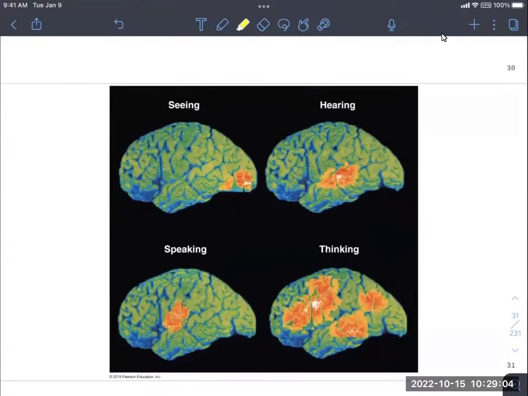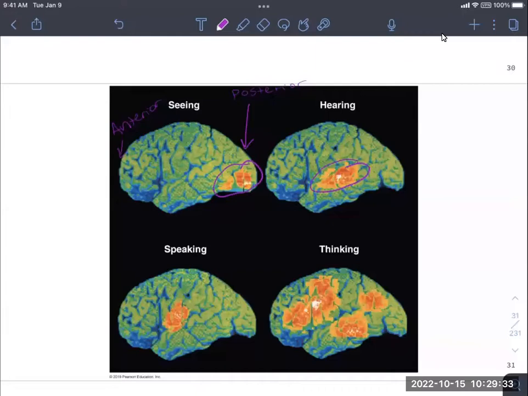So if somebody is seeing something, this is the posterior part of the brain. And up here is that anterior portion. Just so you know what we're looking at on where things are happening. So seeing, yes, most of what you see is processed in that back occipital lobe.